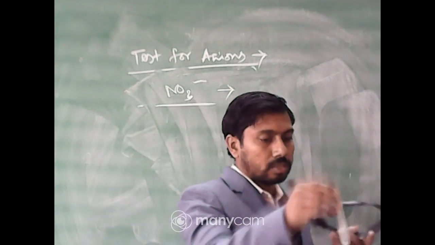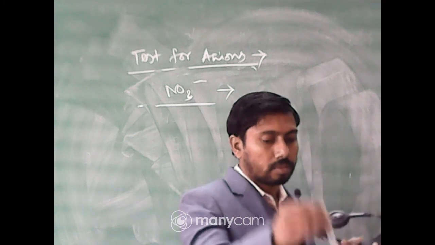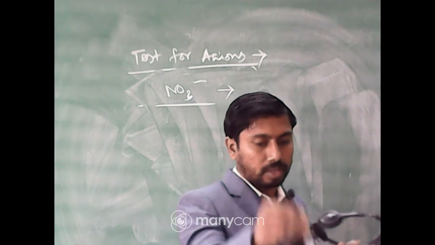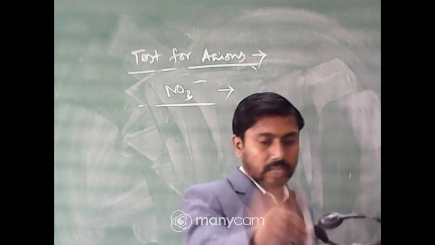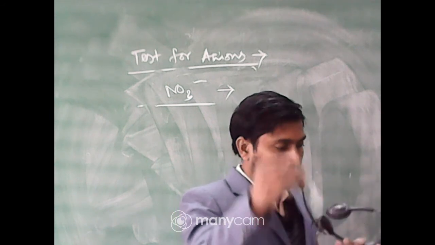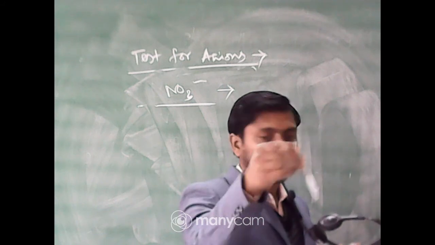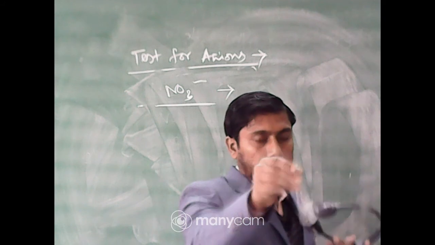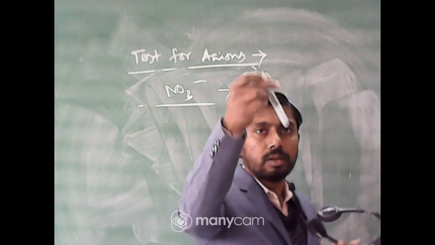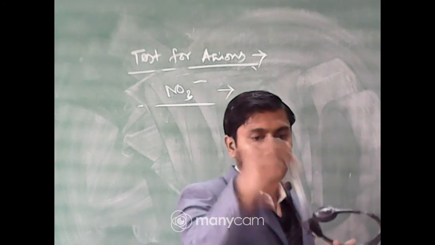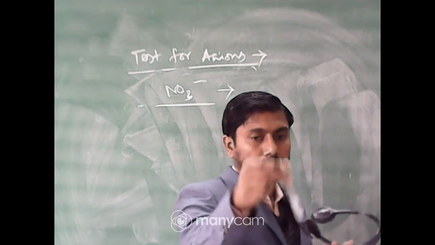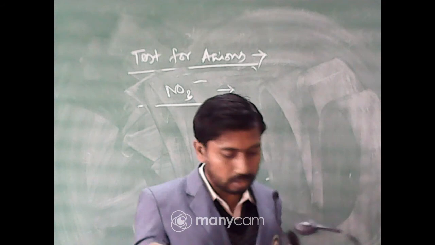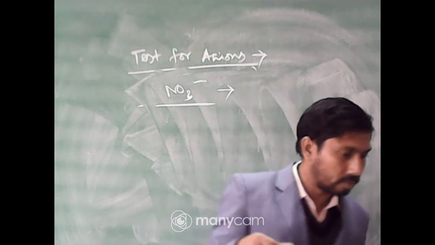Now shake it to dissolve the ferrous sulphate. Shake it well. Now it becomes totally soluble. Now I will add concentrated H2SO4 here. So look at this.